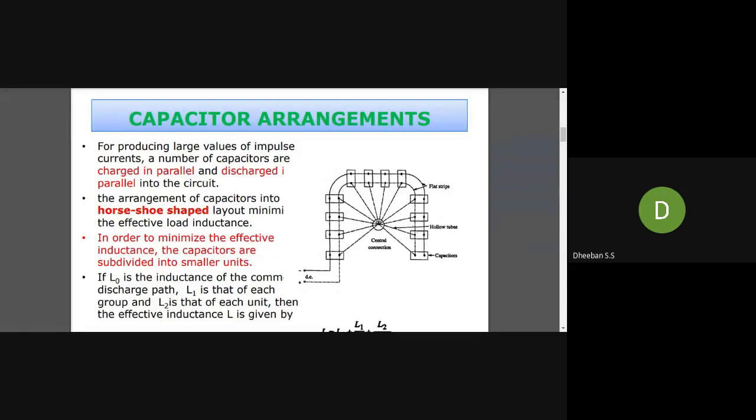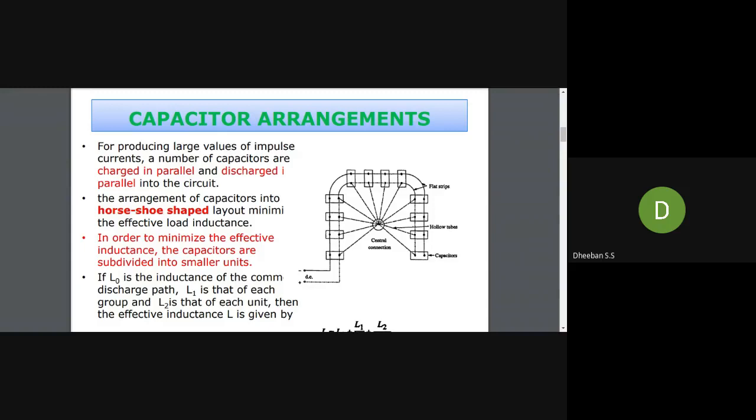It looks like a horseshoe magnet, and here you can see a very huge number of capacitors. These capacitors have to be charged in parallel and also discharged in parallel.